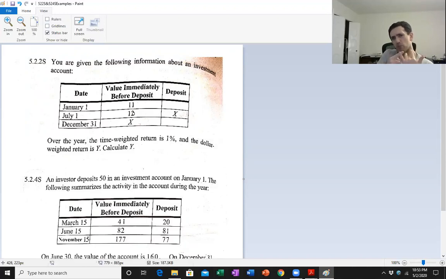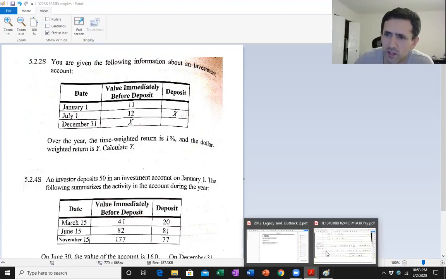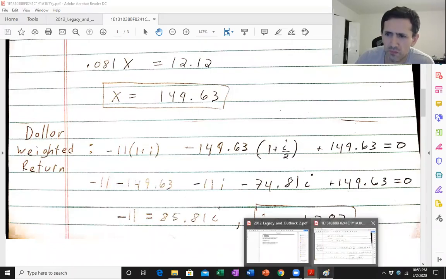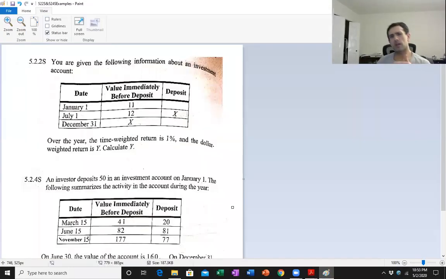we have X, which we got was, what did we get? I think 149 something, 149.63. So that X is what we have at the end of the 1 year. That's considered cash in. That's money we get at the end. And that's all we do for taking the future value.